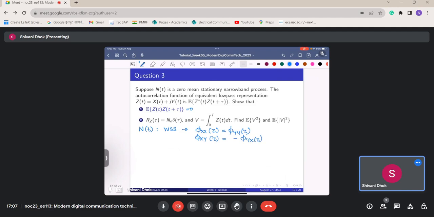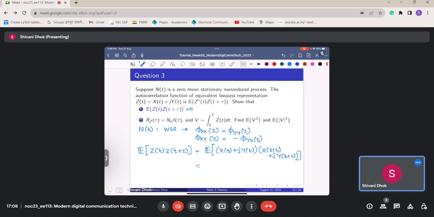So if that is the case, then let us look at expectation of z(t) into z(t plus tau). This is equal to expectation of z(t), which is simply x(t) plus j times y(t), and z(t plus tau) is x(t plus tau) plus j times y(t plus tau).